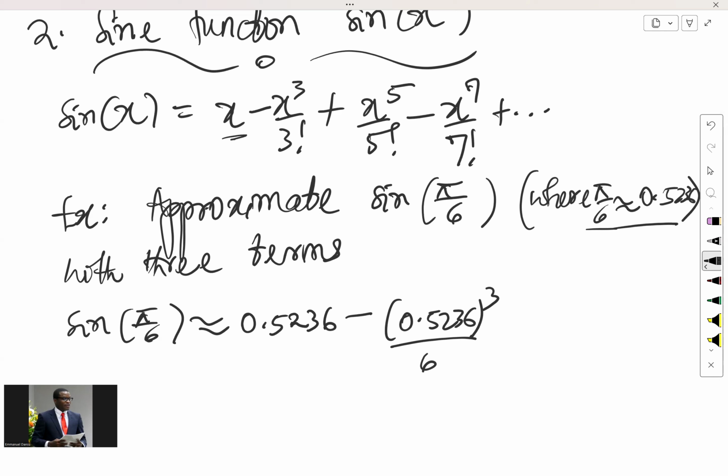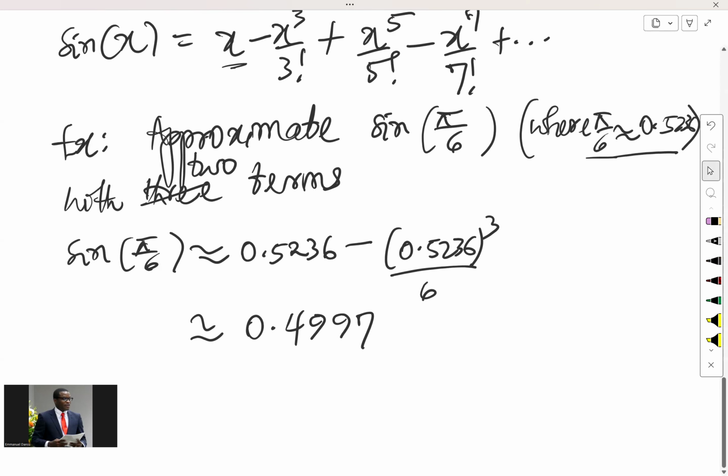Let's use 2 terms. So we have these 2 terms, and the answer is approximately 0.4997.